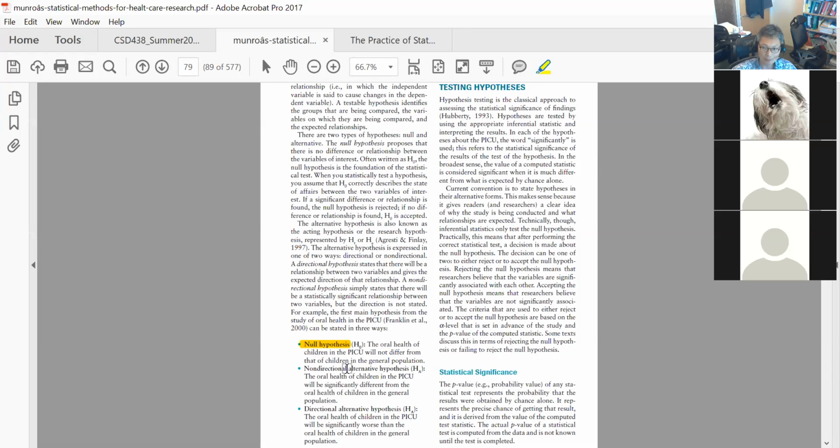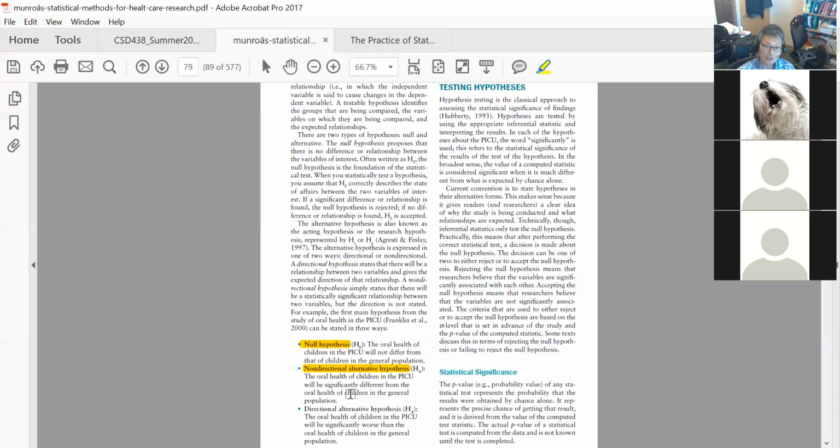But if we want to say it gets worse or better in one direction, then it should be a directional alternative hypothesis. Based on these two hypotheses, that's the testing of whether we accept or reject the null hypothesis or the alternative hypothesis. That's all. Statistical testing is about testing the hypothesis, whether the null hypothesis will be rejected or not, or the same thing for the alternative hypothesis.